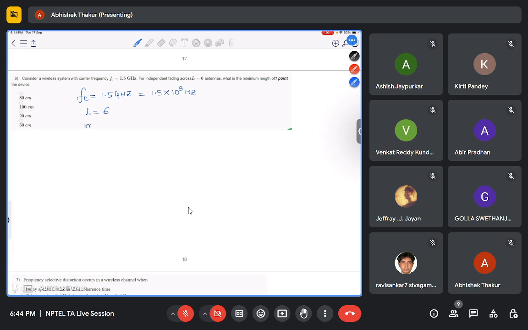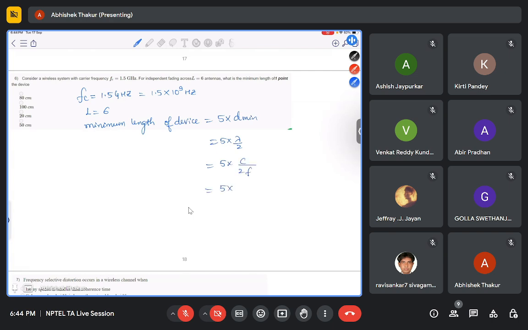So minimum length of device is equal to 5 into dmin. So 5 into lambda by 2. So lambda we can write c by f.